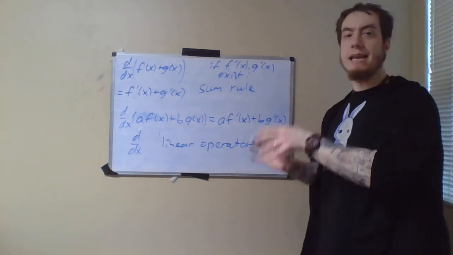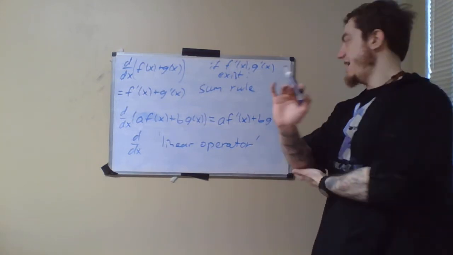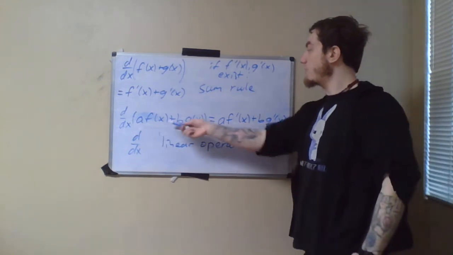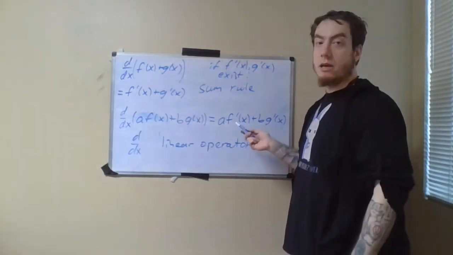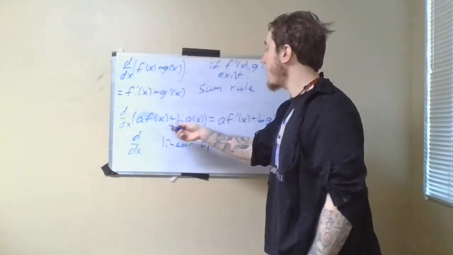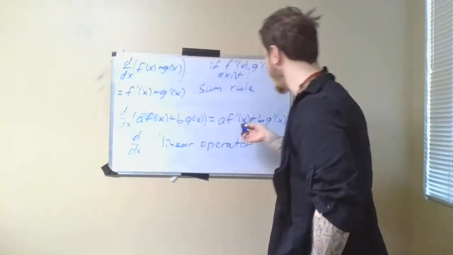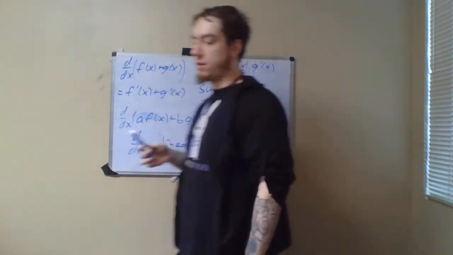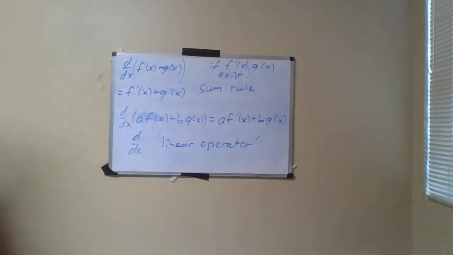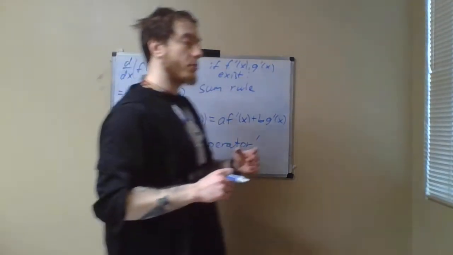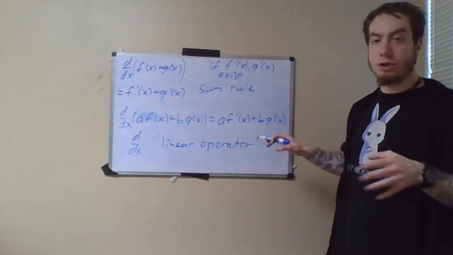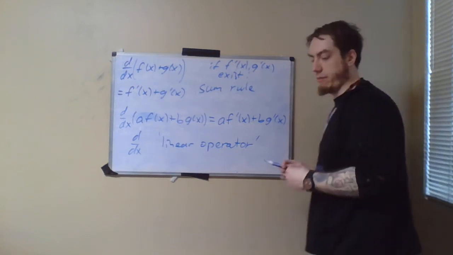So instead of taking in a number and giving you another number, it takes in a function and it gives you back another function. Linear refers to this property, the fact that you can factor out constants and you can split it over sums. It turns out that linear operators are some of the most important things in mathematics, and the derivative is an example of a linear operator. So I just wanted you to know this in case you happen to see this in future, you'll know what it is that you are talking about.